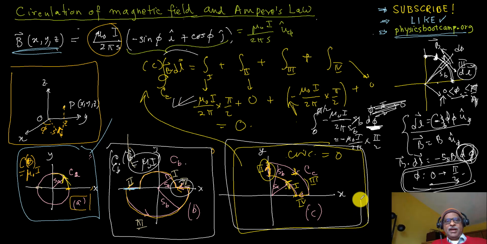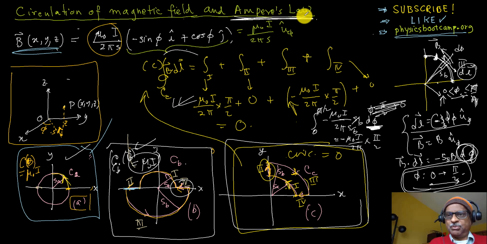Okay, so that's the circulation for this. I just want to say that this is a very common result, right? This is the same magnetic field, but this one got 0. And why is that the case? That has to do with what will happen in Ampere's law.